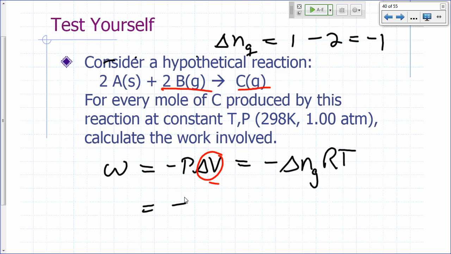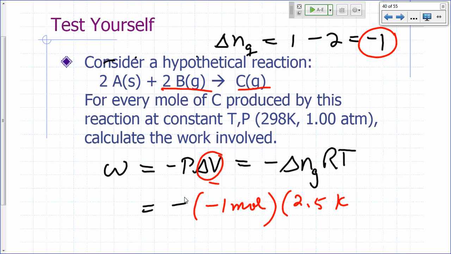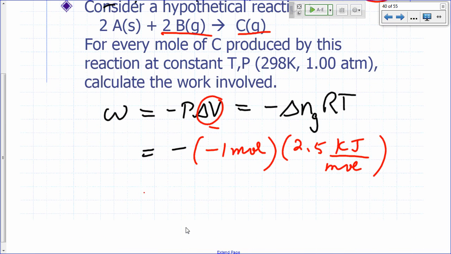Let's see if we do get that. Delta N gas is negative 1 mole. What was our ballpark figure for RT? 2.5 kilojoules per mole. I'm just estimating here. So that gives you positive 2.5 kilojoules per mole.